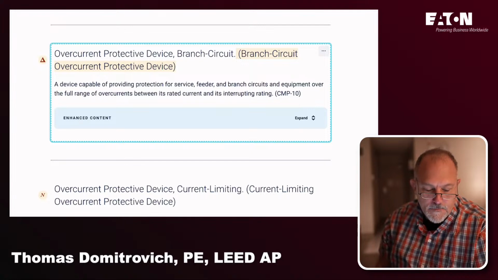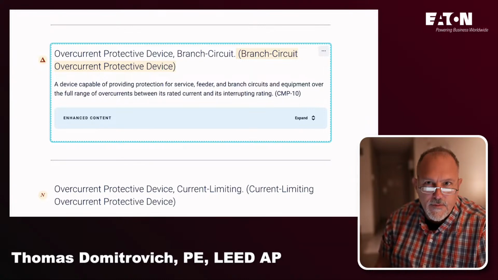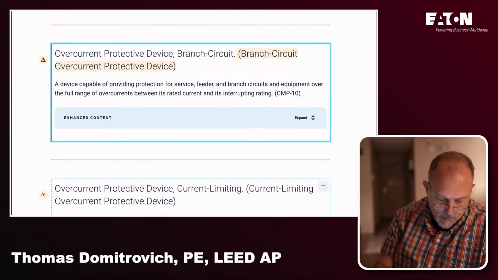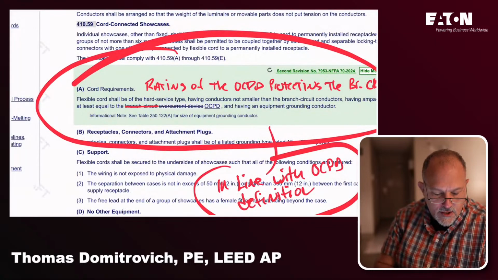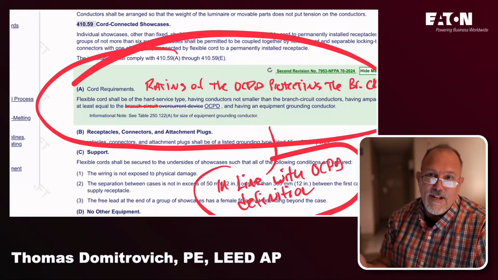So when you use the term branch circuit overcurrent device or branch circuit overcurrent protective device, what they were planning to do was just change it to branch circuit OCPD, which is even worse because that aligned with the old term.